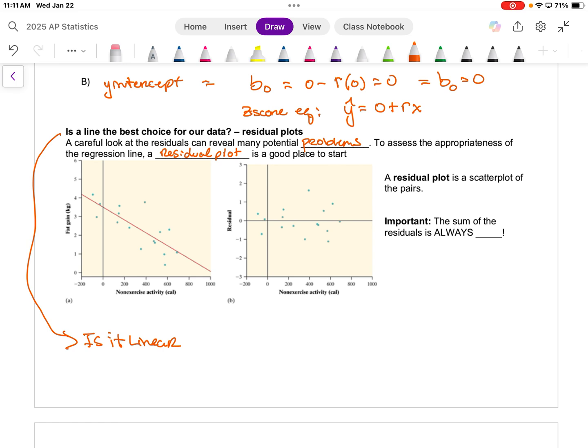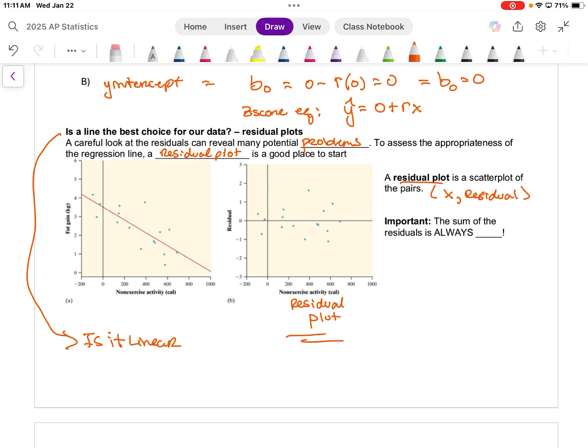Now, what is a residual plot? Well, a residual plot is a scatter plot of the pairs of the x value, comma, the residual amount. As we calculate the residual for each of the things, actual minus predicted, a residual plot, and that's what this second one is. The second picture here is a residual plot.